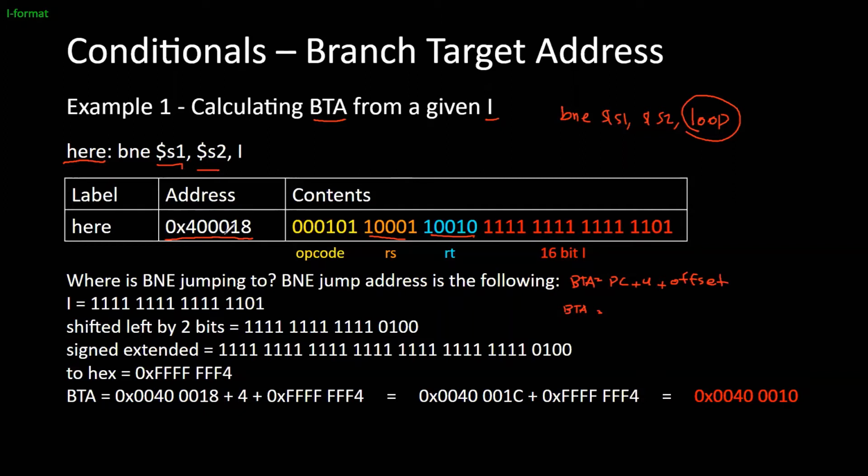And I'm going to put this in, so 4 and 4 in 32 bits. So what is PC? PC is going to be this line, the current line. So that's 0040 0018, and that's in hex.